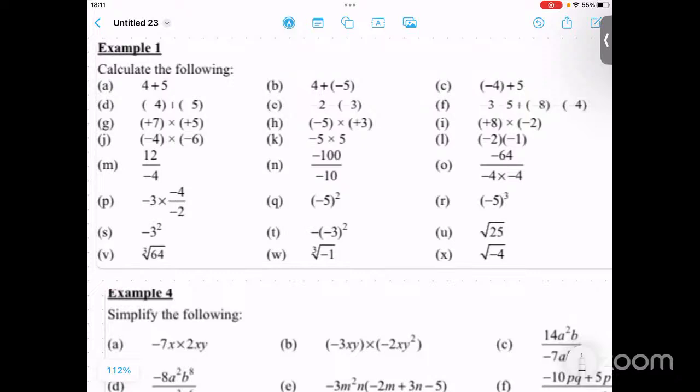Okay. Now the first one that we are having here, guys, it says calculate the following. It says A, it's 4 plus 5. Luyanda, can you mute that person? Perfect. Okay, we have A, which is 4 plus 5. What's going to be the answer here? Or do we need a calculator first?